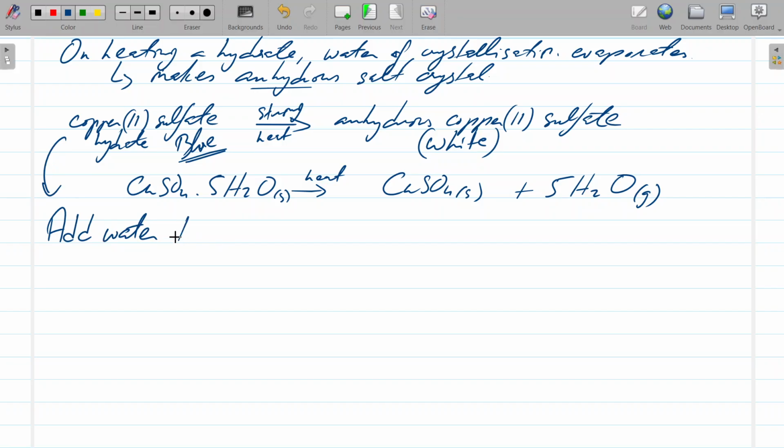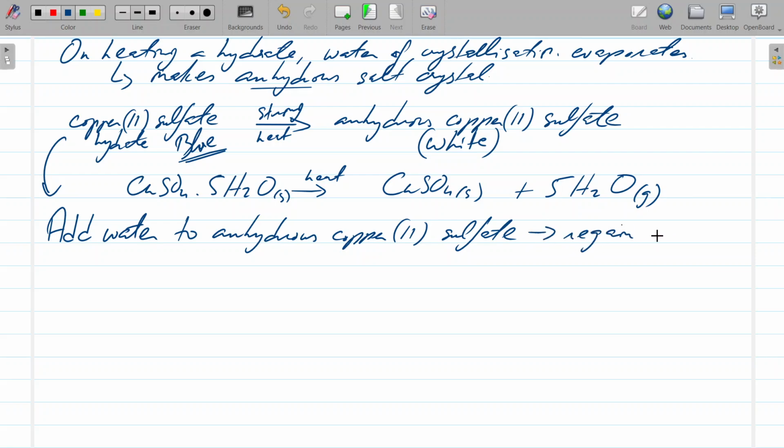You add water to anhydrous copper 2 sulfate. It will regain the water of crystallization and turn back blue.